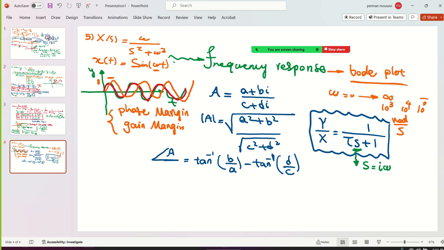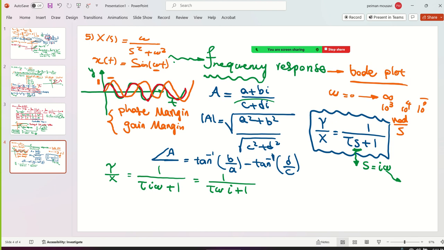Yes, everybody? And this was the frequency characteristic. So Y over X is 1 over (tau j omega plus 1). Now you see I generated a complex number.